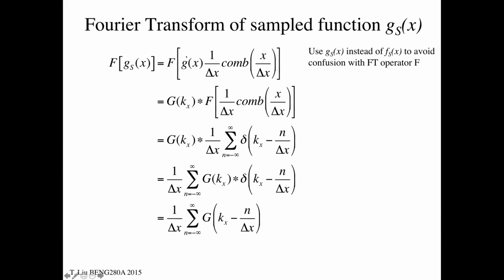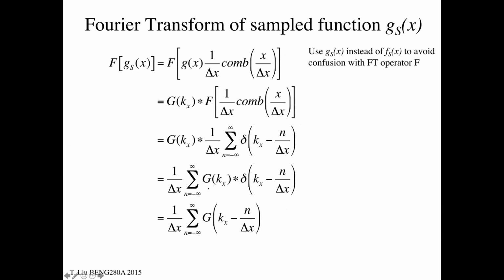The reason we can do that is we know the Fourier transform of g(x) is this. So when we convolve the Fourier transform of g(x) with the Fourier transform of the comb function, we just plug in what that is right here, and we get this expression.